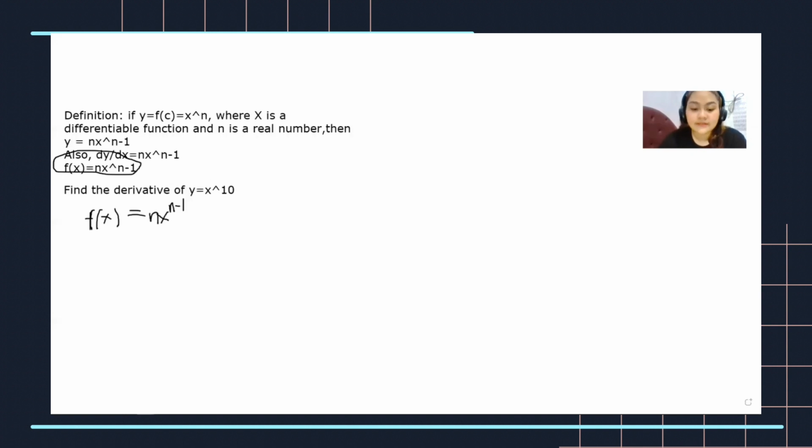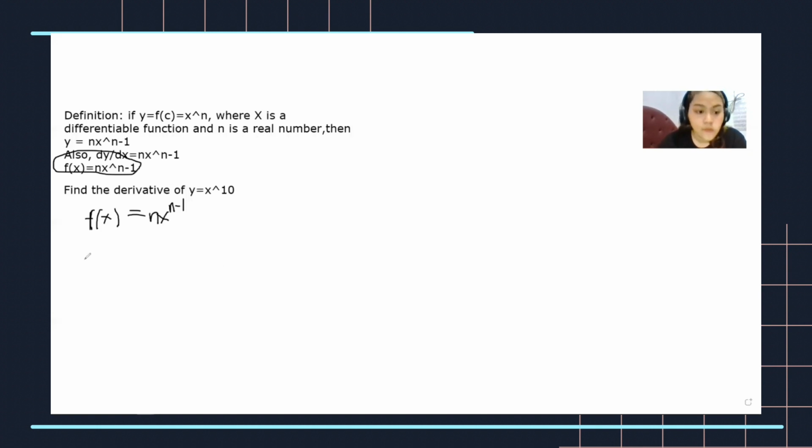In finding the derivative using the power rule, just make the exponent the numerical coefficient and subtract 1 from the given exponent of the variable x.